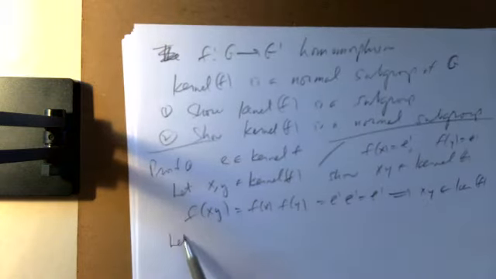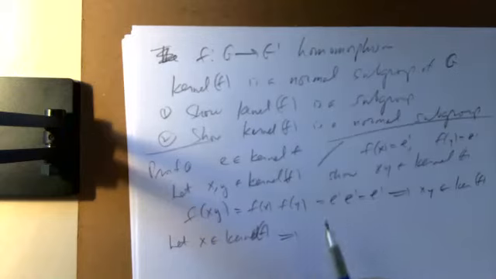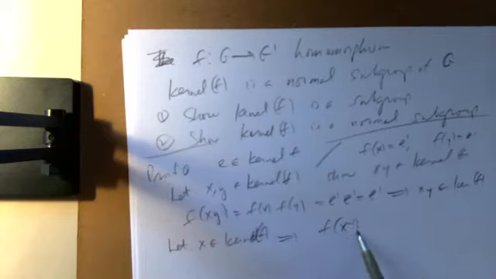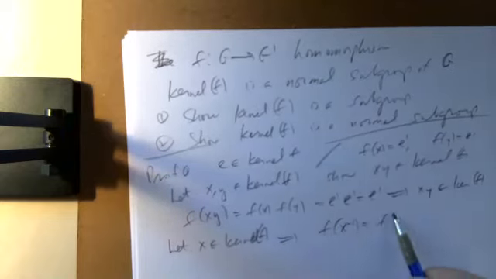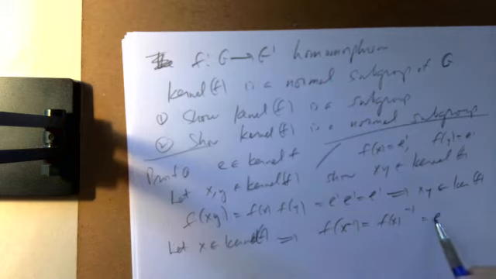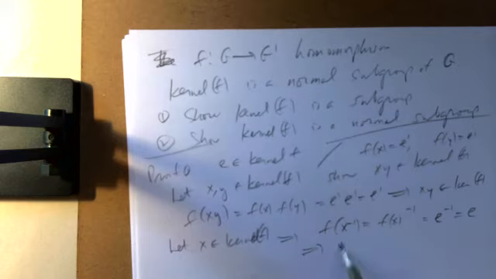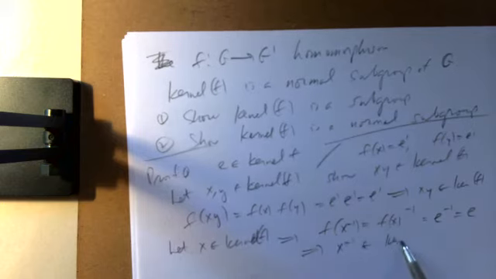And finally, if x is in the kernel of f, then f of x inverse, which I proved is the inverse of f of x, but x is in the kernel, so f of x is the identity, and the inverse of the identity is the identity. So x inverse is in the kernel of f.